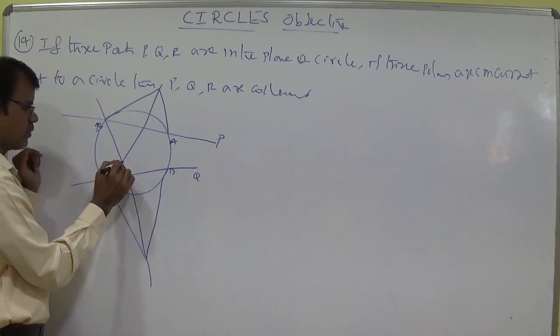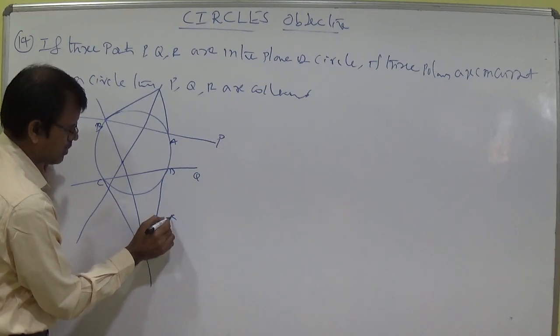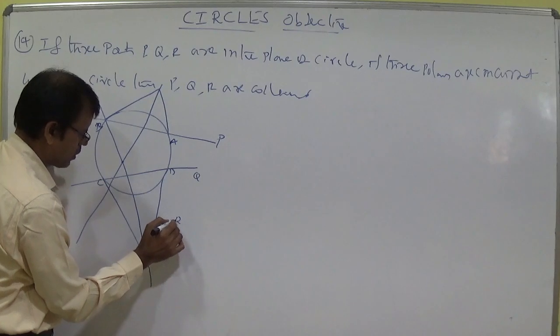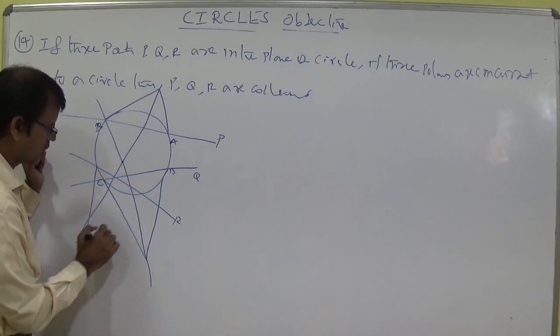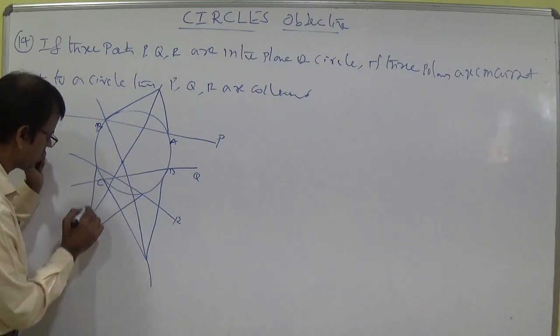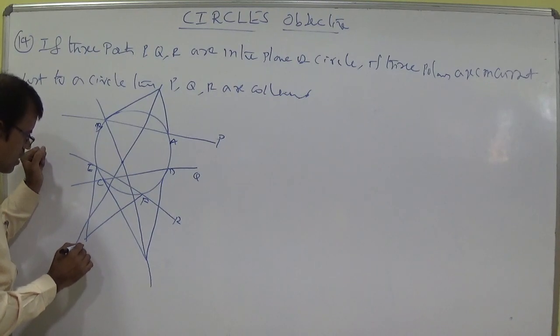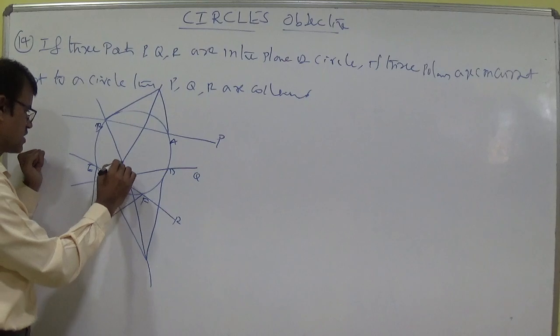If the polars intersect here, take another point R, and in a similar way consider its polar, drawing tangents at the extremities of the chord, E and F. Draw the polar of this R. So the polar is also passing through the same point.